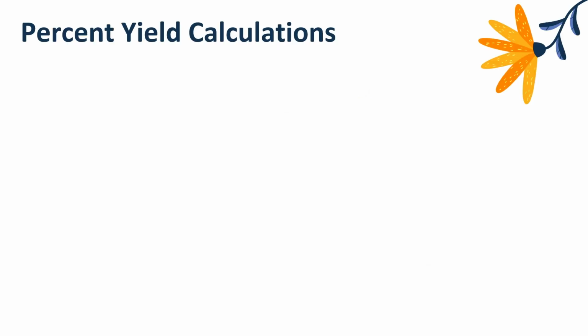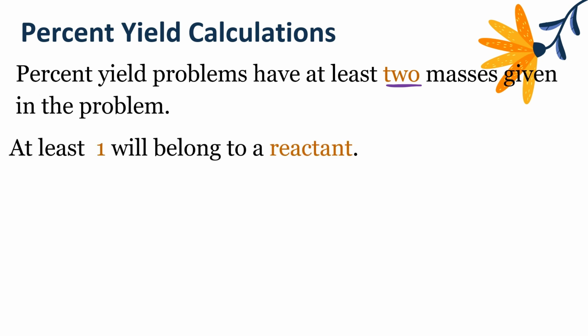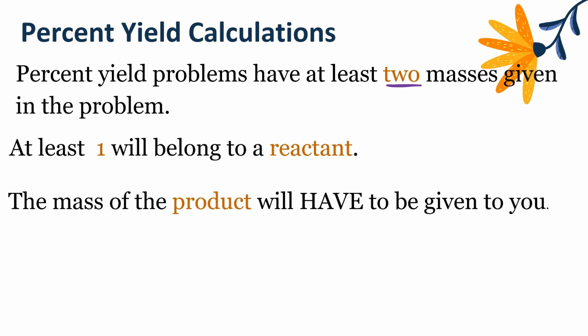When we do percent yield calculations, the problems will have at least two masses given. Just like our limiting excess problems have two masses, our percent yields will have two masses. At least one of the masses will be of a reactant, and one of the masses has to be the product.